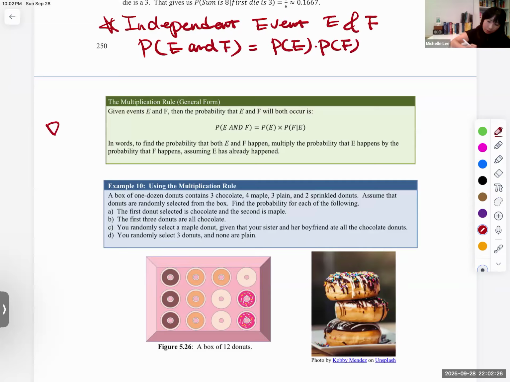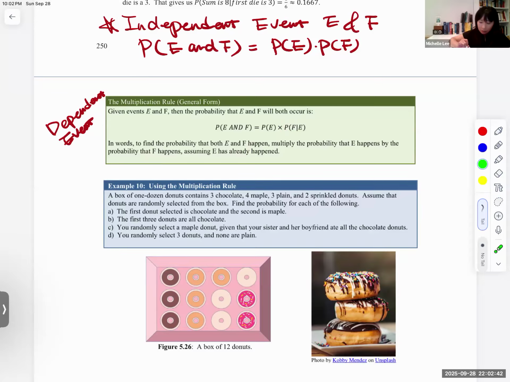Okay, what if we have a dependent event? We also have a multiplication rule, but then we have a conditional here. Let's take a look.